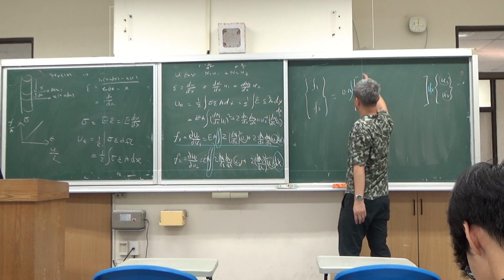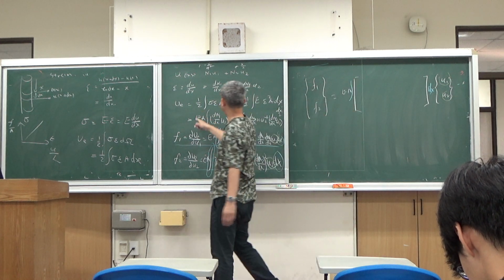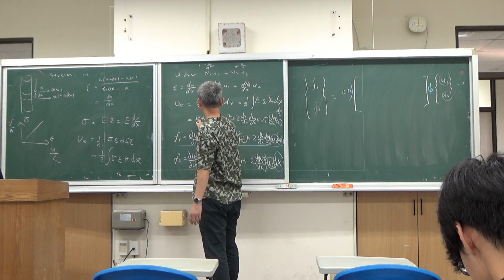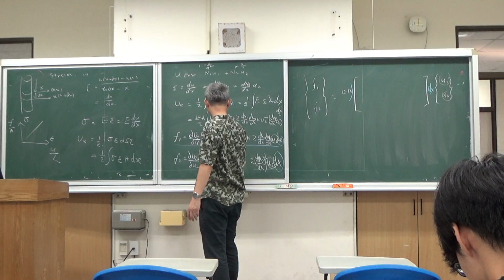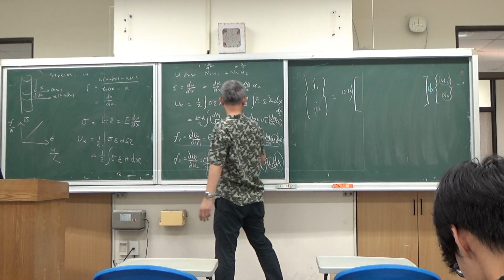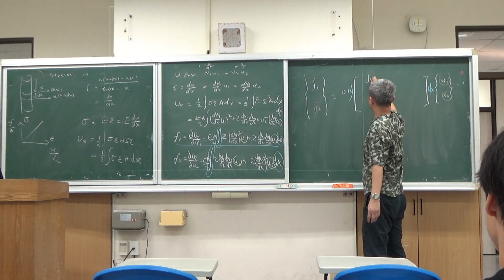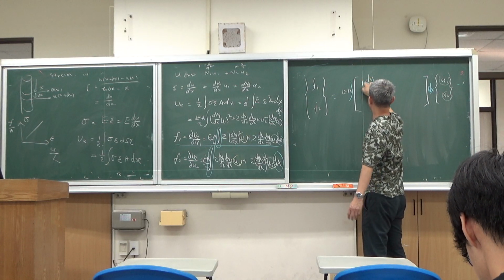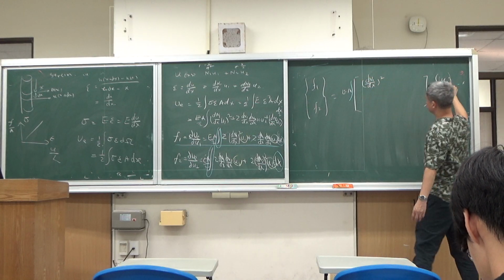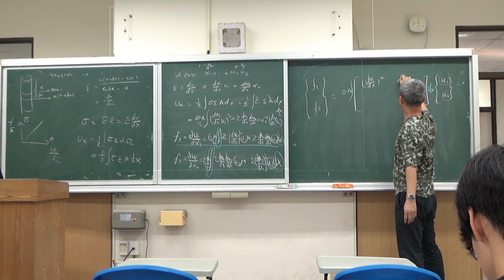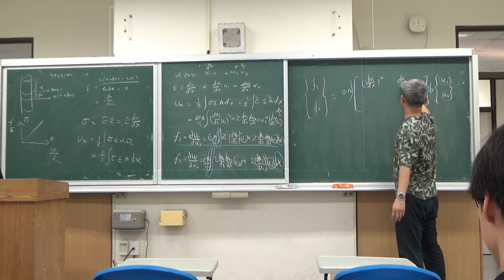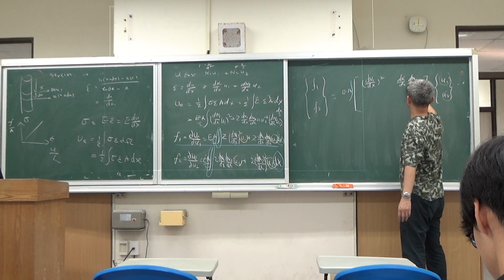Previously I think it should be multiplied by a half. I forgot to do this. After you take the half, these two factors are gone. So you now have shape function gradient 1 squared times u1, and then shape function gradient 1 and shape function gradient 2.